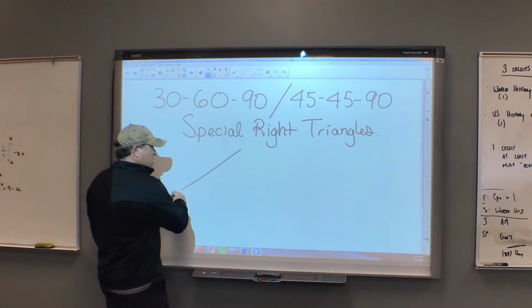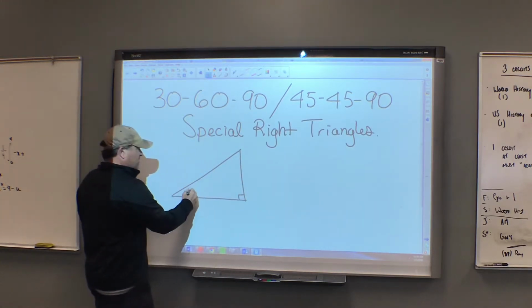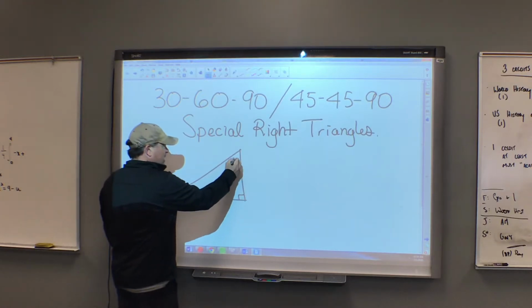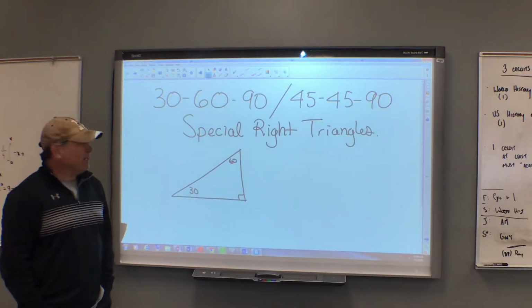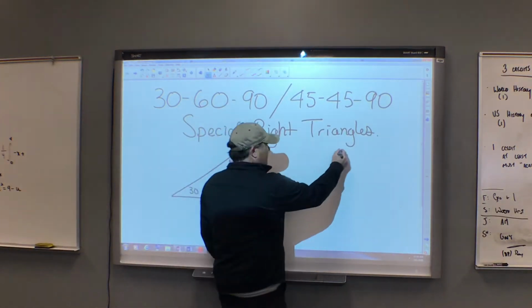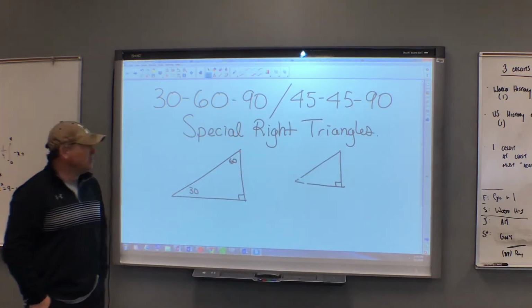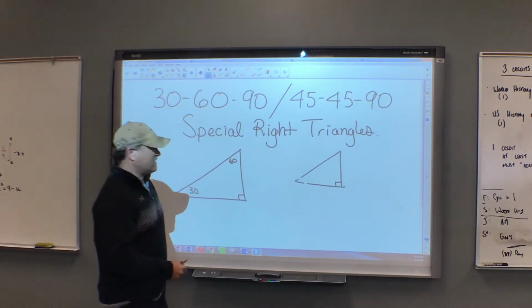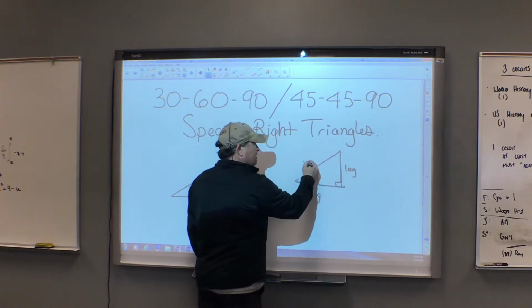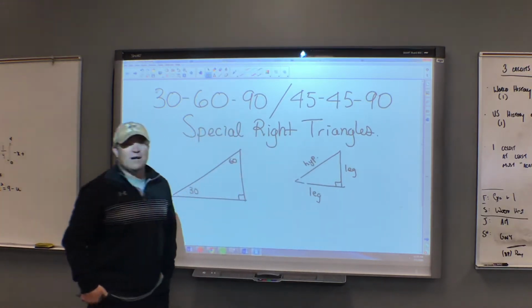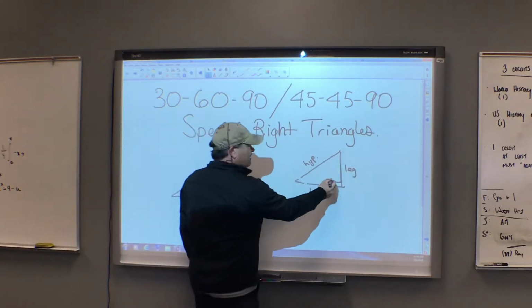I've got a unique way that I like to go about this. So there's a right triangle, we've got a 30-degree angle and a 60-degree angle. Now, we're already coming off of the Pythagorean theorem. Remember that in the Pythagorean theorem, we didn't really know the angle measures, except that we have that 90-degree angle, and my request for you was leg and hypotenuse, with the hypotenuse always being the longest side, the side opposite the right angle.